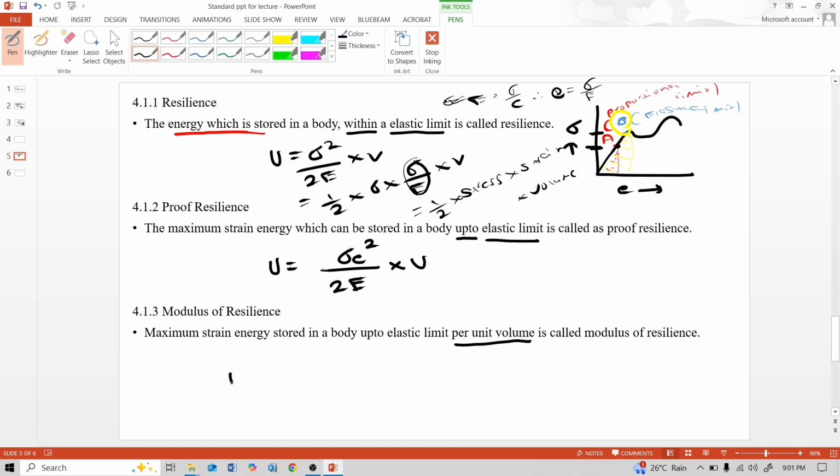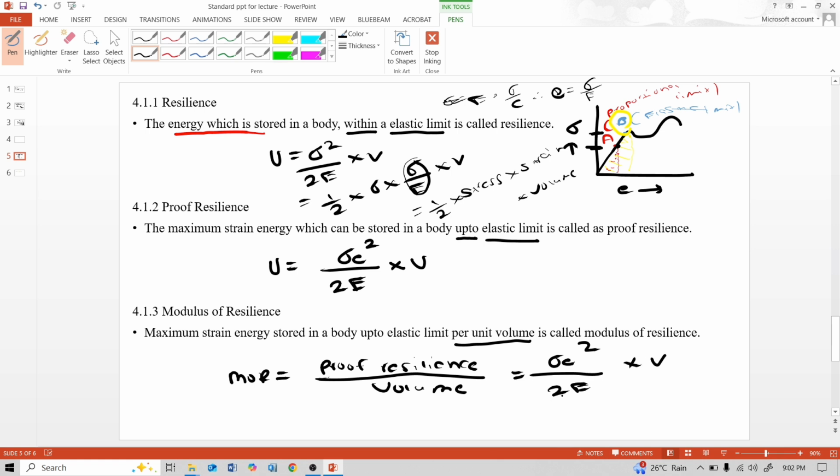The proof resilience formula is sigma E square upon 2E multiplied by volume, and divided by volume, volume gets cancelled. So modulus of resilience is sigma E square upon 2E.